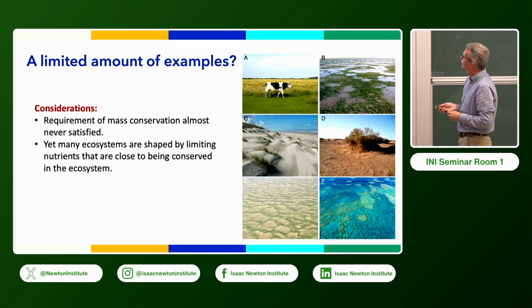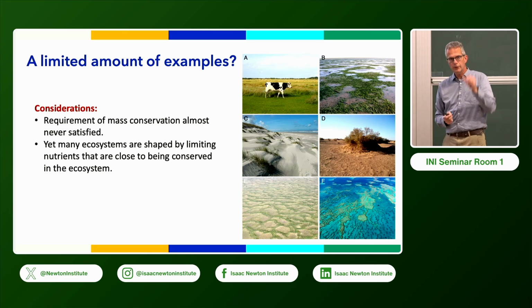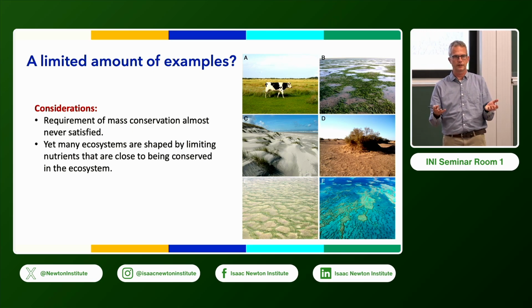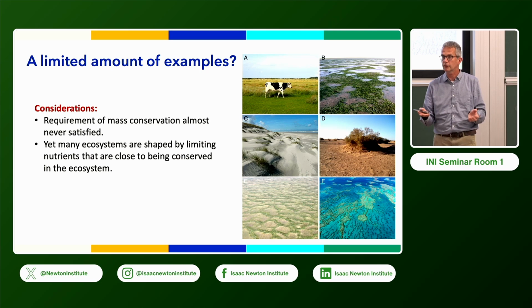So, other possibilities. Well, we think that the requirement for mass conservation is never perfectly there. For instance, phosphate is a typical substrate that's very important for growth of plants.